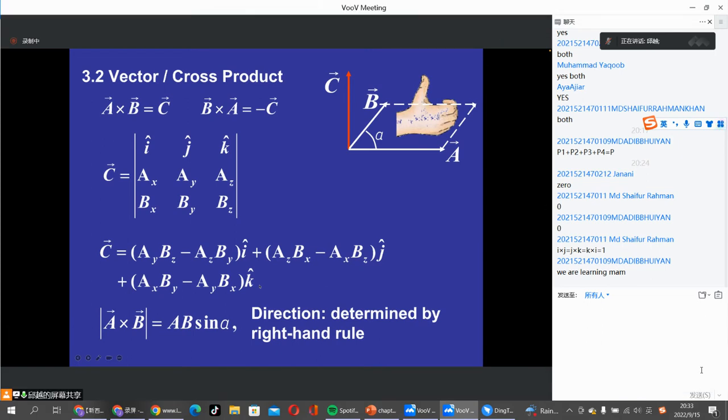Your four fingers point to the direction of the first vector A. And then your four fingers squeeze to the direction of the second vector. And now the direction of your thumb is the direction of the cross product.